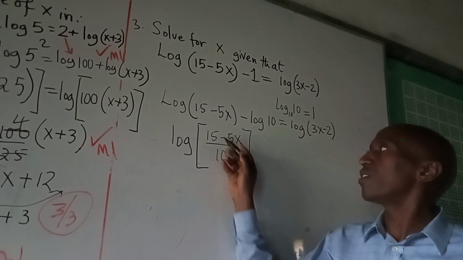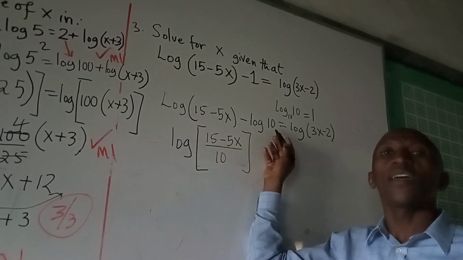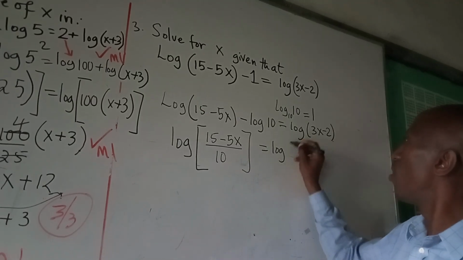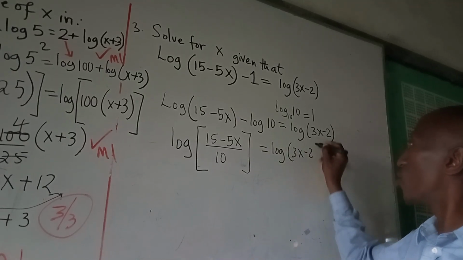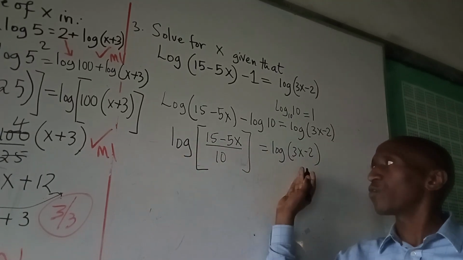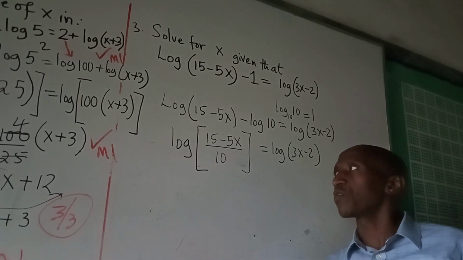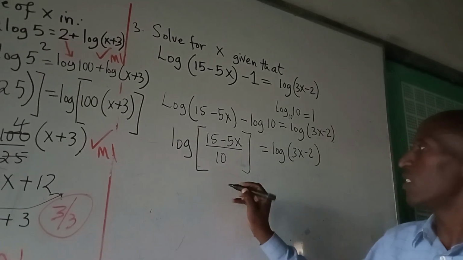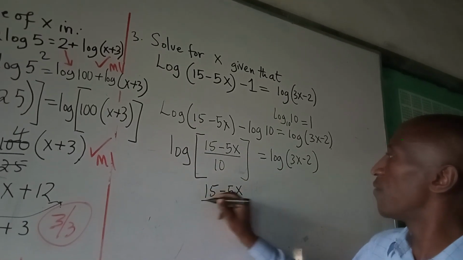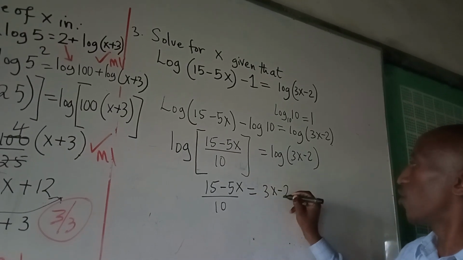When you are dividing numbers, their logarithms are being subtracted. And that is equal to the logarithm of 3x - 2. Since we have a logarithm on this side and also on the other side, we can drop the logarithm function so that we are left with the numbers. The numbers are (15 - 5x) divided by 10 equals 3x - 2.